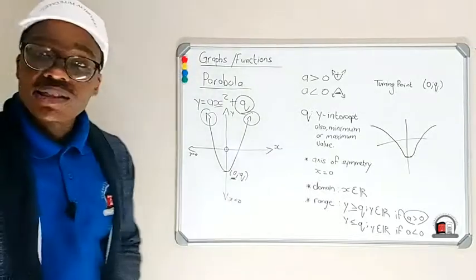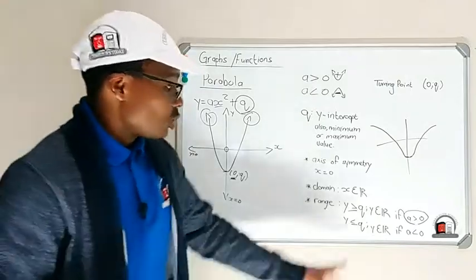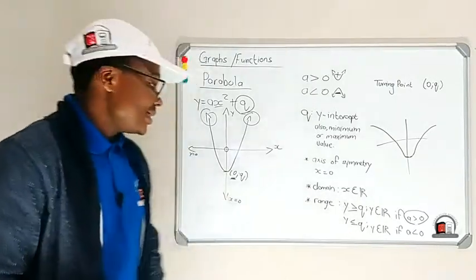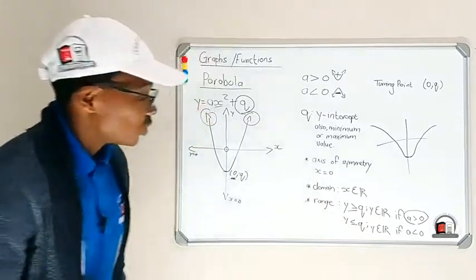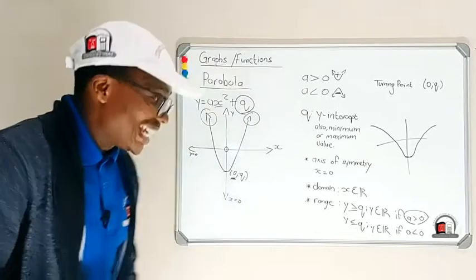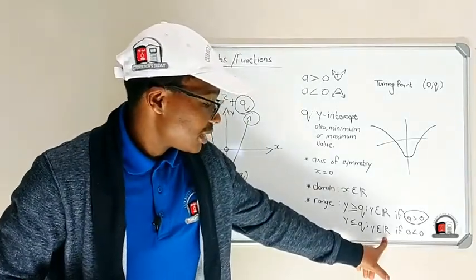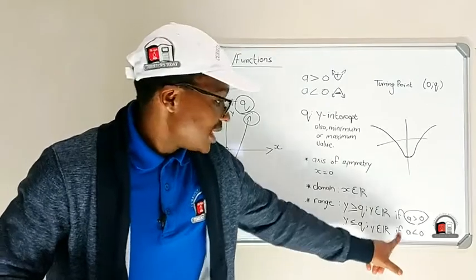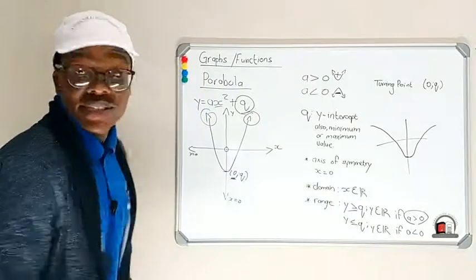So let us have a look at the second one, or the opposite one to that. We have y is equal to and less than q, right? The range is y is equal to and less than q. y is an element of real numbers if a is less than 0.